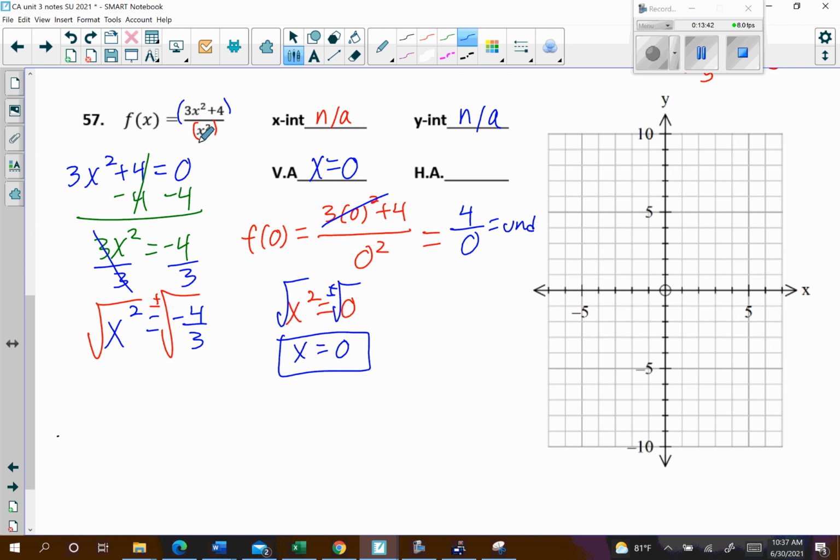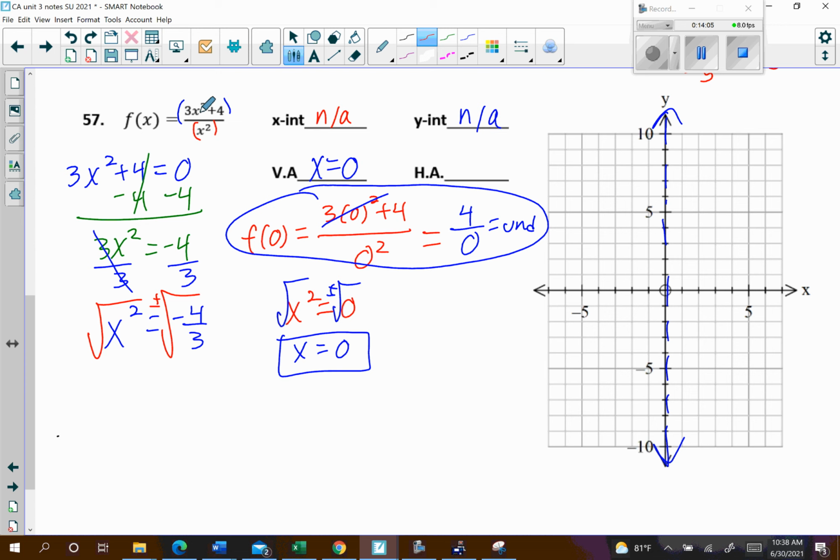That's my restricted value. Can't plug in 0, and actually we saw that right above there. You can't plug in 0 for x. That's my vertical asymptote. So at least I got one piece of information now. So x equals 0 is basically the y-axis right here, so I went ahead and put my vertical asymptote there.